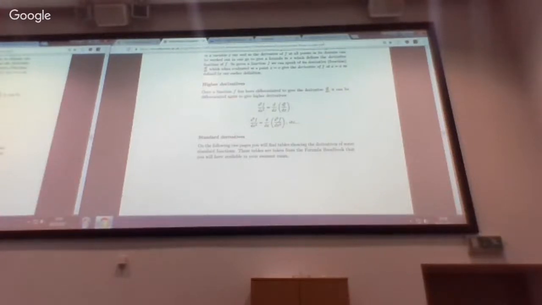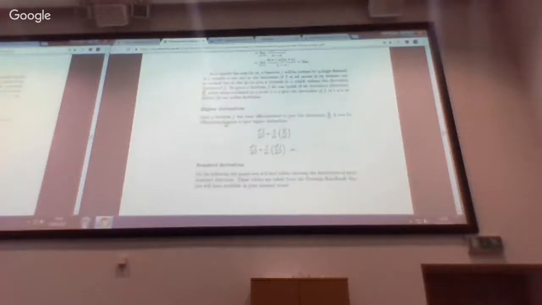Okay, so you can form higher order derivatives by repeatedly applying the operation of differentiation to a previous derivative. And some of these have very clear meanings when the value of the function is interpreted in a way that it often is.